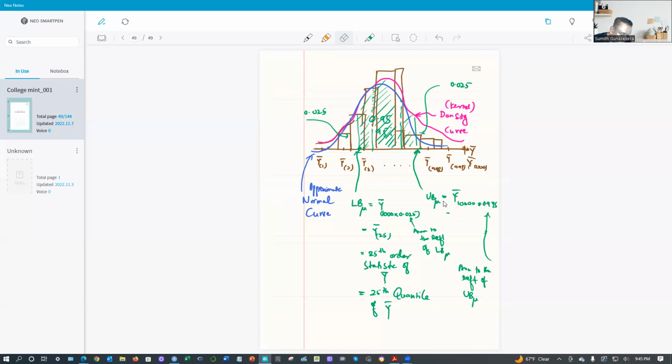Which is Y bar how much? 975. So this one is the 975th order statistic of Y bar.